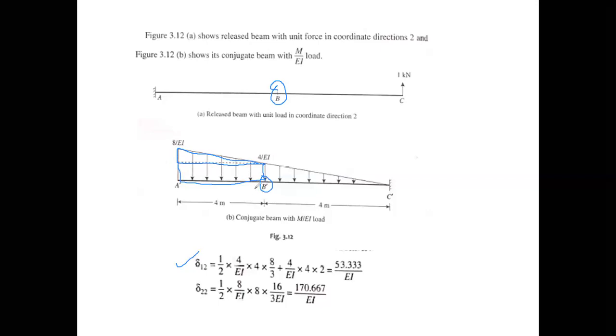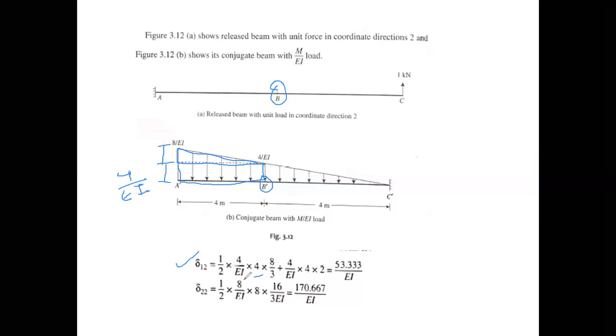So we have to calculate the moment at B dash, that will be equal to del 12. The load of this triangle is half into base, base is 4, into height. Height is 4 upon EI. See, this height is 4 upon EI, and the rest of the height will also be 4 upon EI.